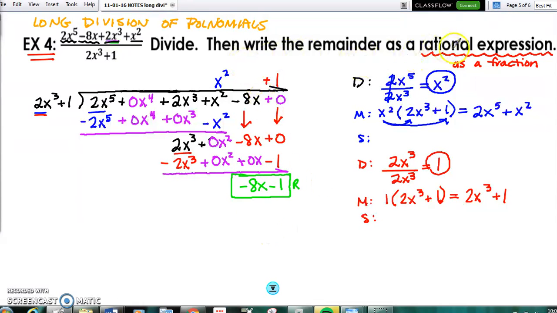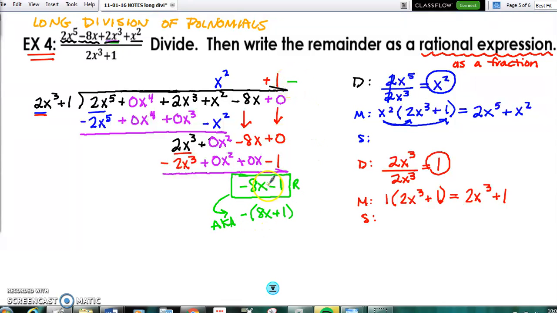But it says write the remainder as a rational expression, as a fraction. So we're going to write up here. And these are both negative. So I could say this is the same as negative times 8x plus 1, by the way. AKA negative 8x plus 1.